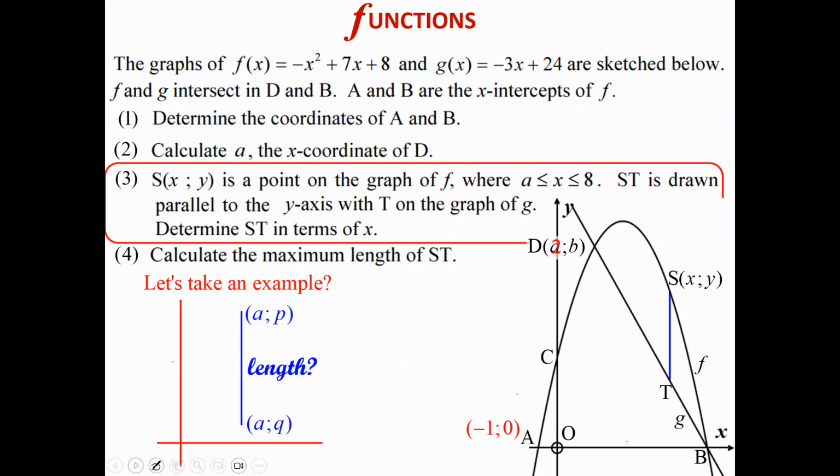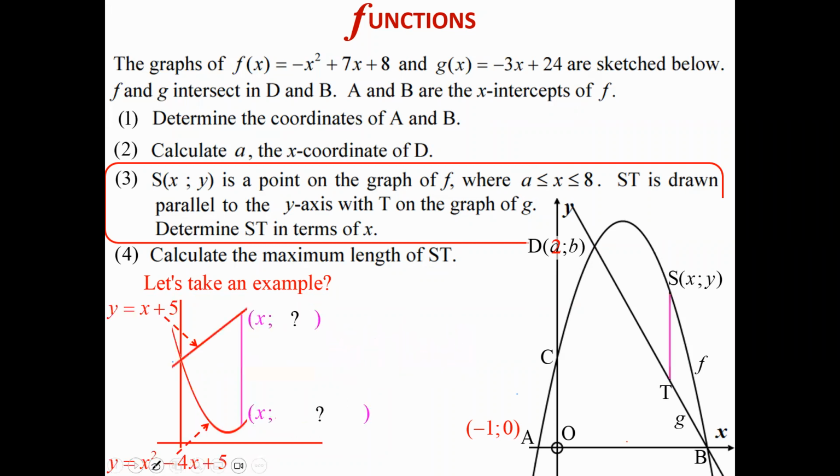If we had P and Q, P minus Q, we just subtract the y values. If the y value is a plus 5 and the other y value is 3a minus something, we just subtract again. And if we look at this graph, the y value is x plus 5, and with the other y value, to find the line, all you have to do is subtract both.